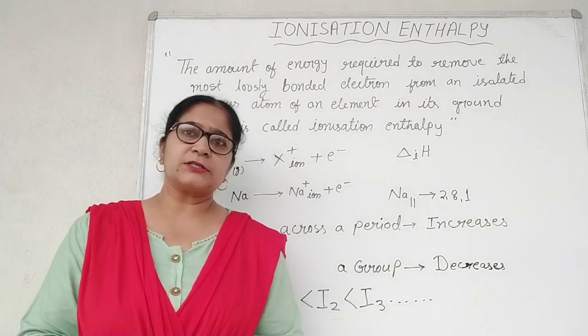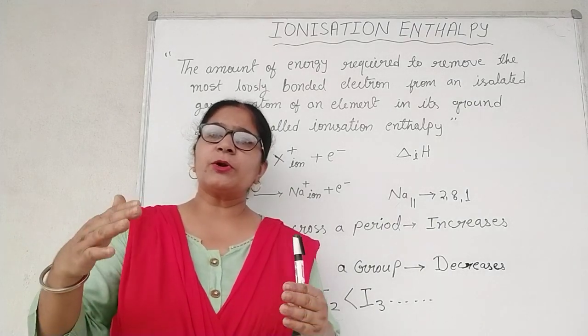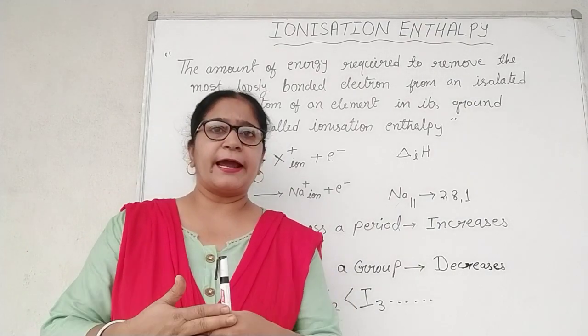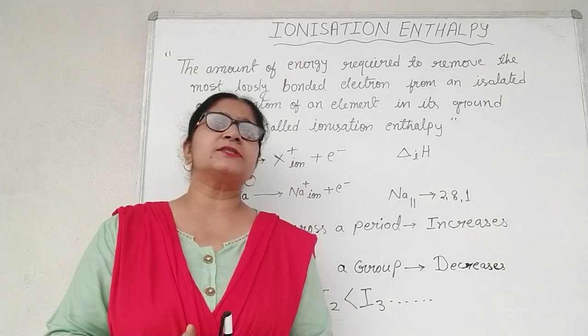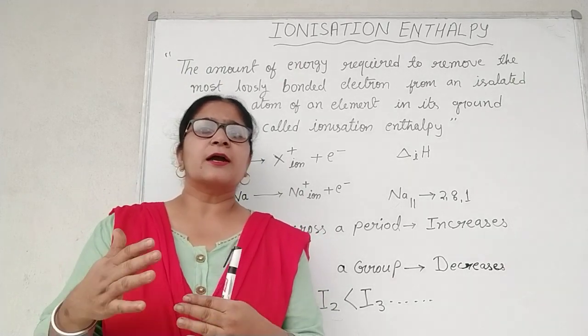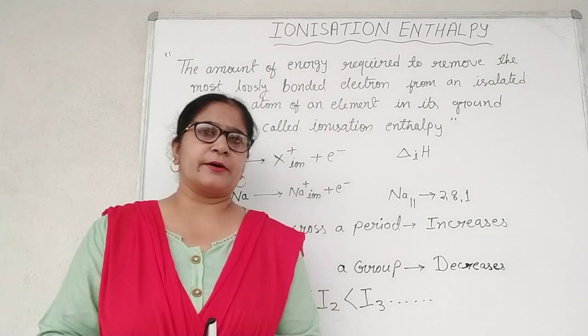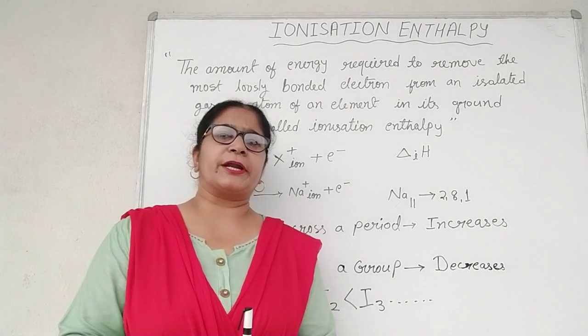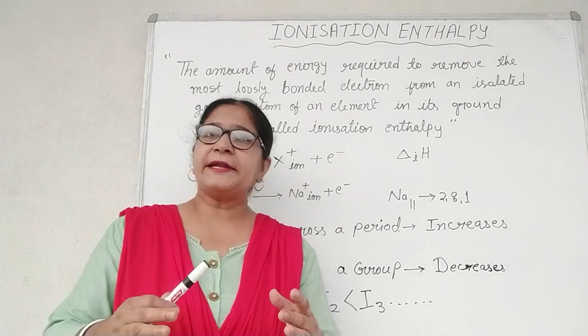In this case, the nucleus has less influence on this electron, so it is loosely bonded compared to the other 8 electrons.